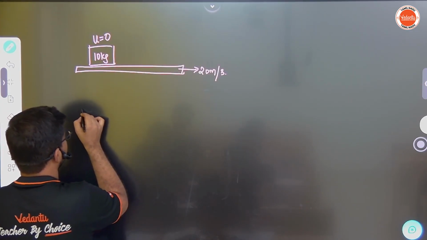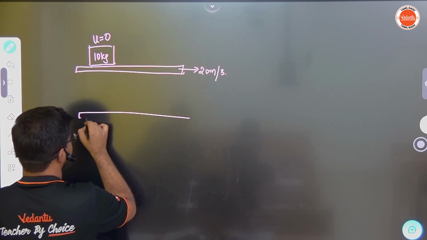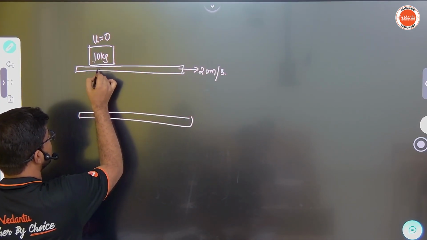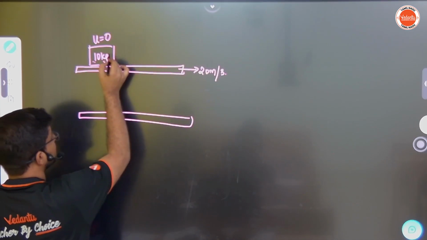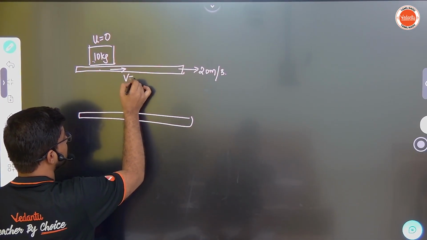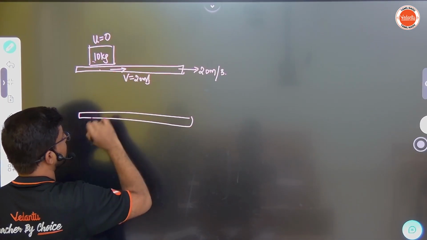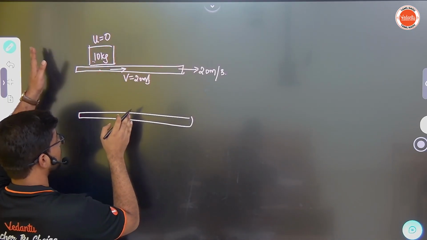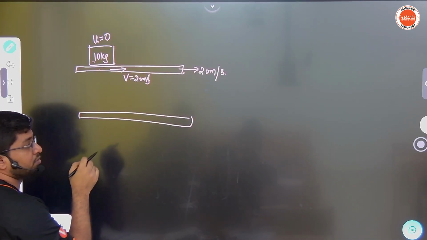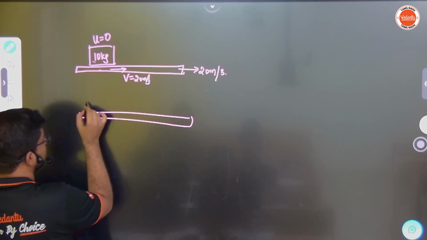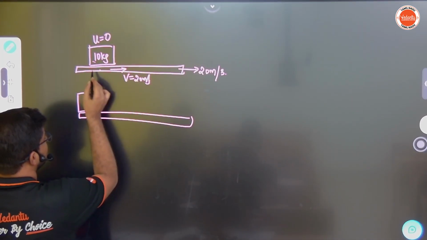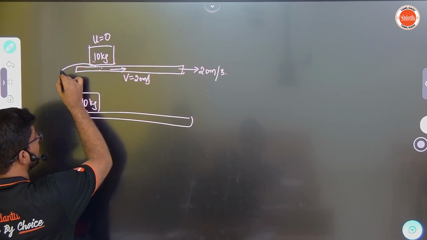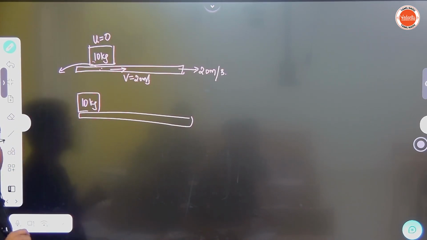For some amount of time, this will slip on the belt because its velocity is 0, but the point on the belt is moving with a velocity of 20 meters per second. That means the point over here will move forward, so the block will be pushed backwards. With respect to the belt, it will move in the backward direction here, right? So in that case, what is the nature of the friction over here? Kinetic friction.